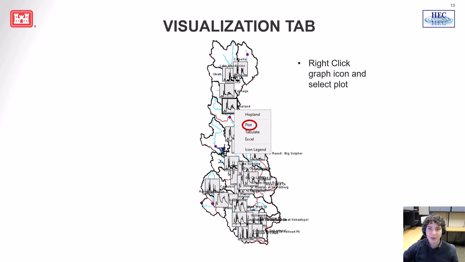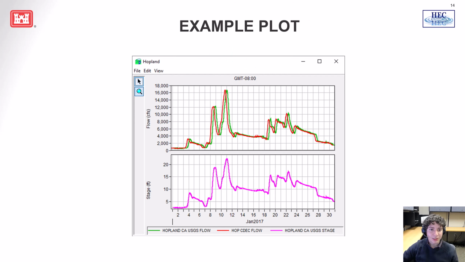If we click plot, it will display our time series icon using the default template that we have within SWMS. So here's a quick example of one of the plots that might be displayed, and its time series information shown above on these curves.